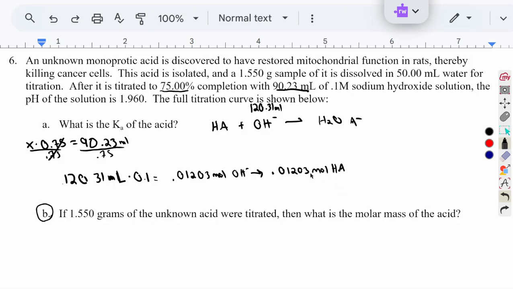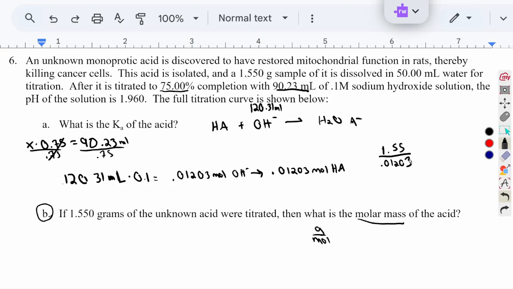And I started with that many moles of acid, and that was 1.55 grams. If you remember, if you let your units dictate your math, if we're looking for the molar mass of something, what is the molar mass? Molar mass is grams per mole, literally telling us divide the grams by the moles. So let's do that. We're going to do 1.55 grams divided by 0.01203.